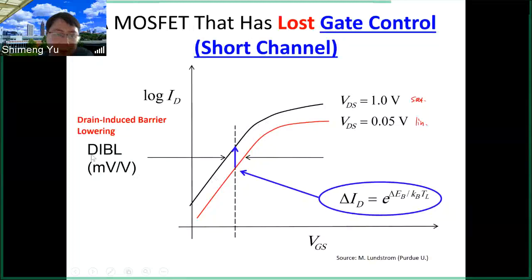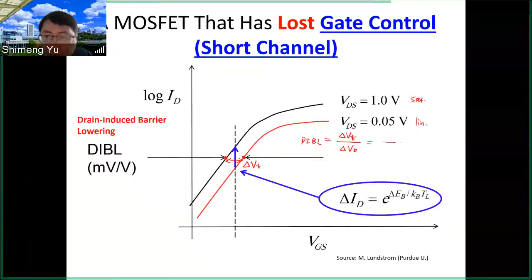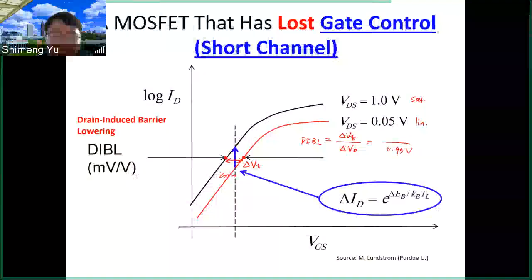And the Dibble factor is typically defined as the threshold voltage change, here delta Vt, divided by the drain voltage change, delta Vd. So for example here your delta Vd changed by 1 volt minus 0.05 volts, which is 0.95 volts. And the threshold voltage here changes maybe by 200 millivolts.